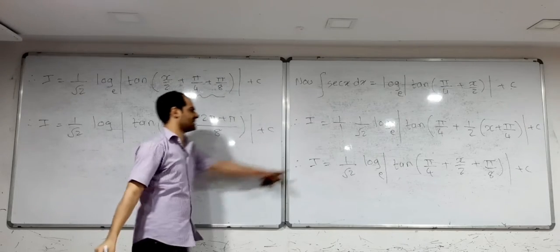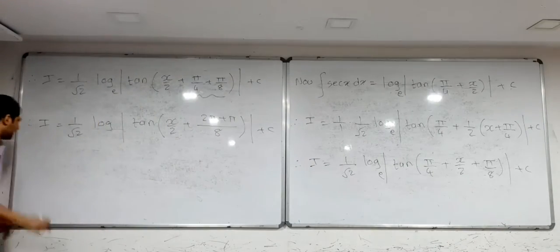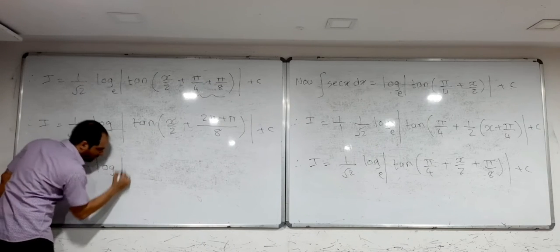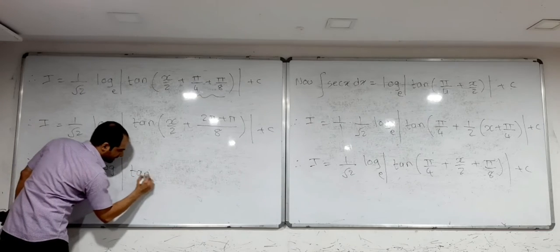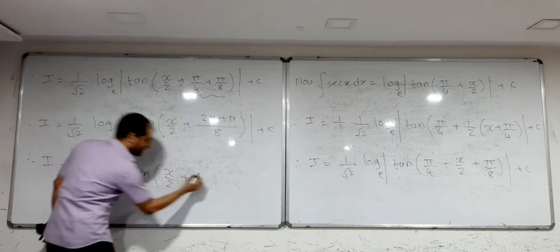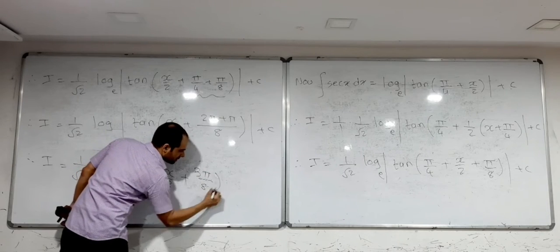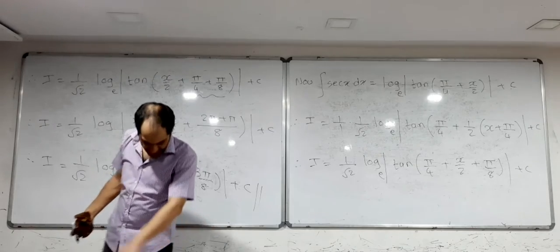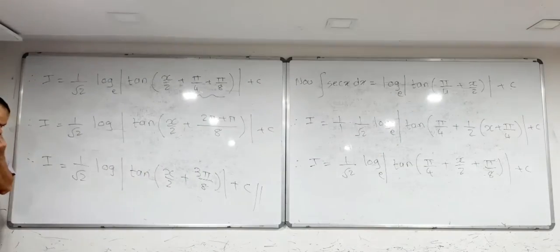You can skip the step and take the answer directly from here. I is 1 by root 2 log of mod of tan of x by 2 plus 3 pi by 8 plus c. This must be the answer.